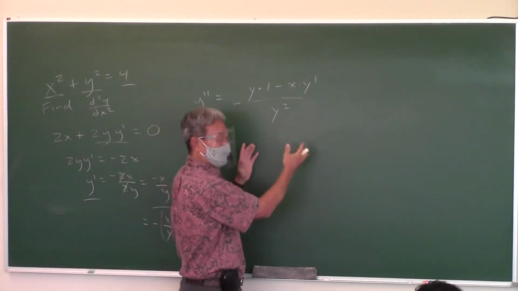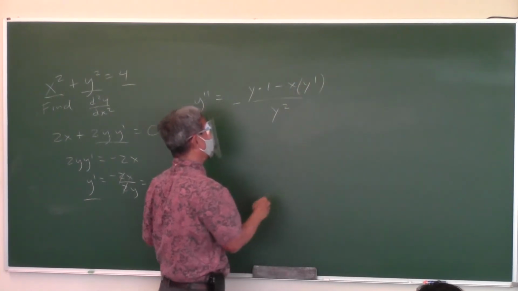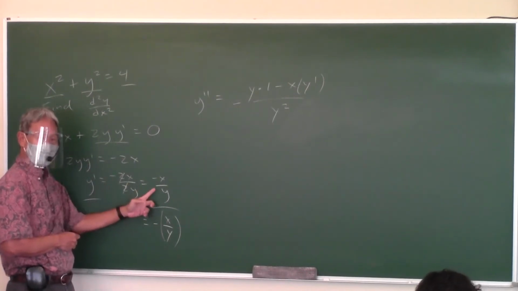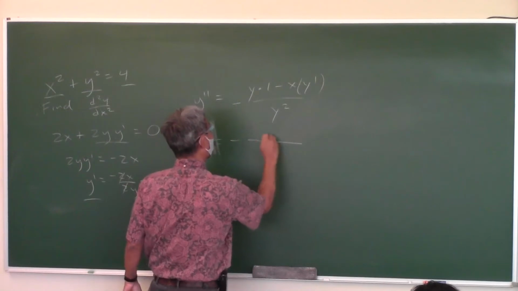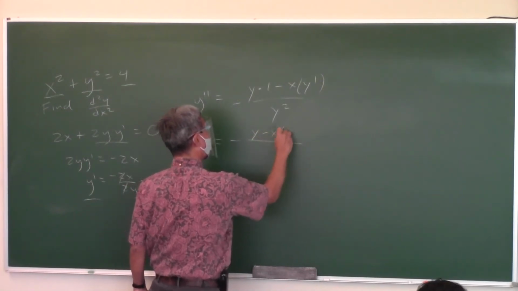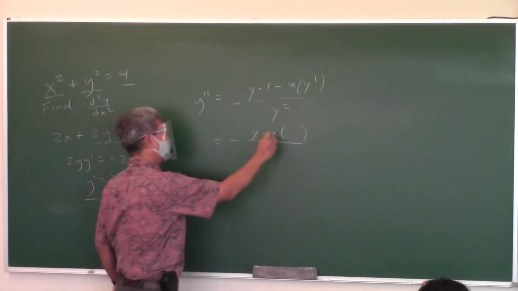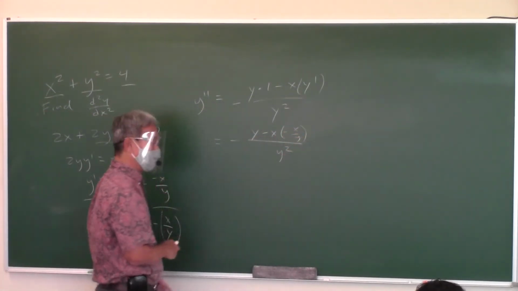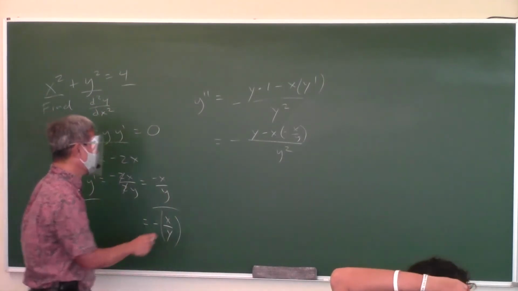I'm gonna tell you right now, it doesn't look anything like this. What do I do with this y prime? You substitute this. This is equal to y prime. Substitute it in. So you get negative, y minus x times y prime, which is negative x over y, all over y squared. And again, the hardest part is you're going to have to simplify this.